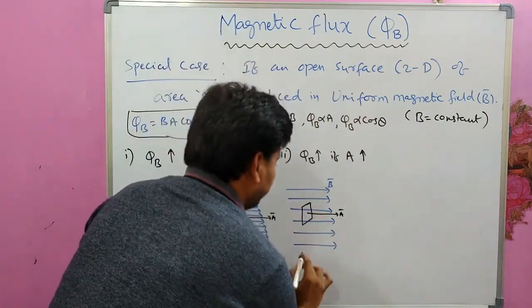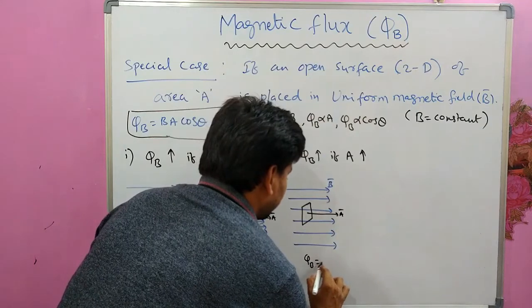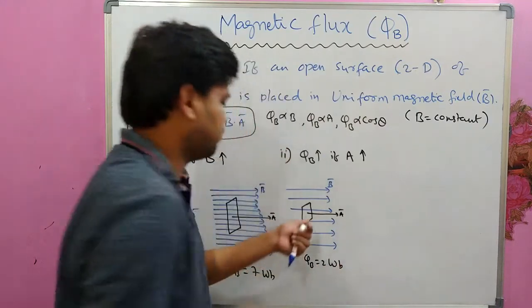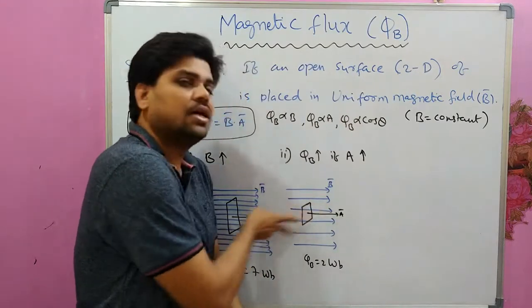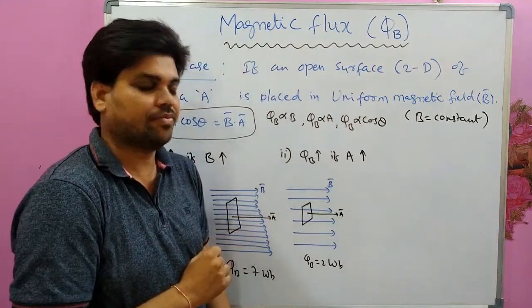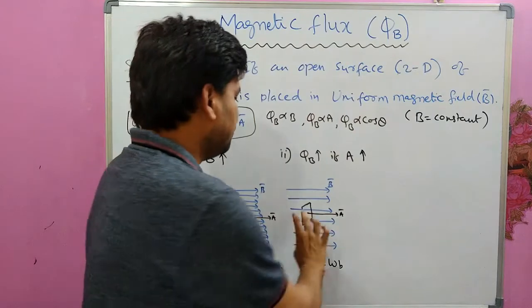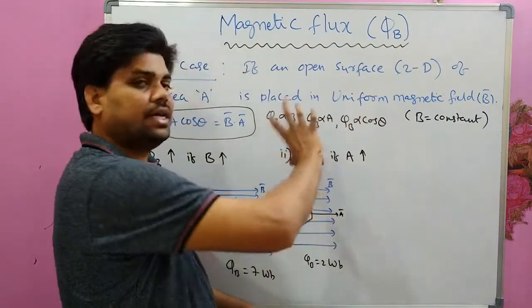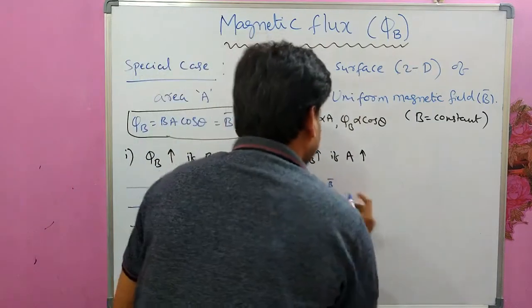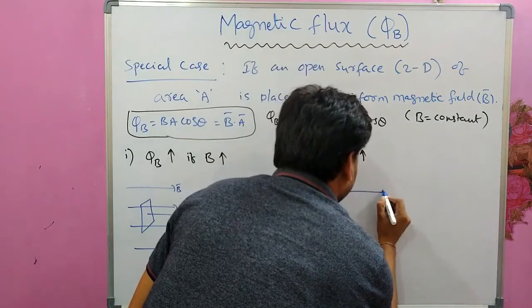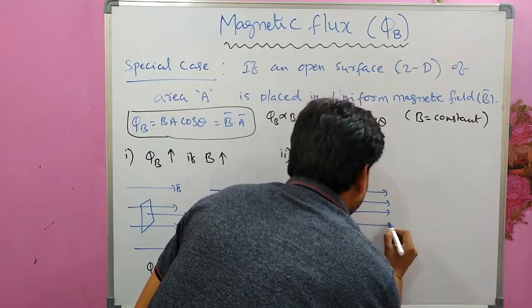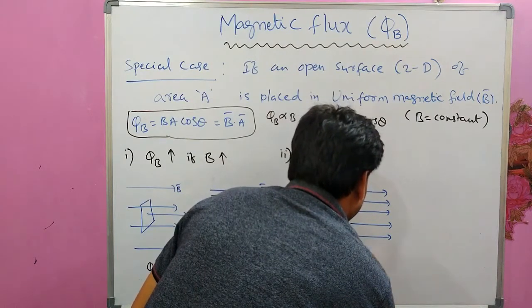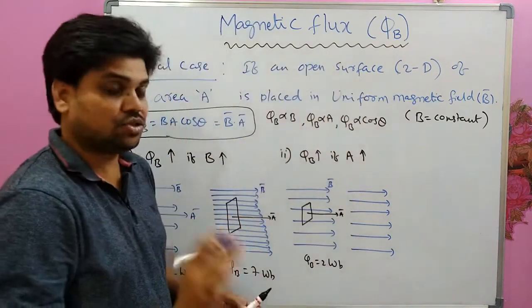And here if you see, flux is 2. Only 2 magnetic field lines are passing through this surface. Now what I will do, the area of the surface is increased with the same magnetic field. Magnetic field is not changed.